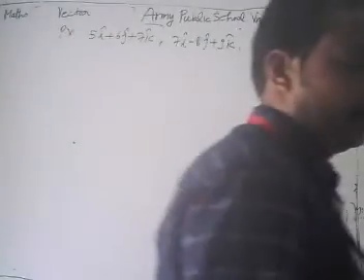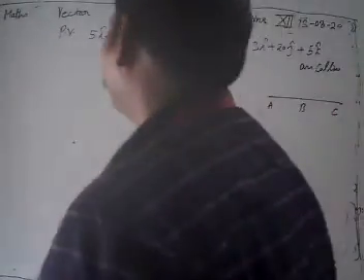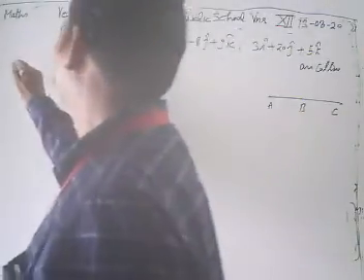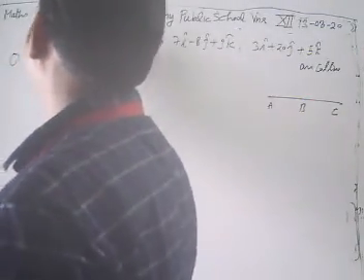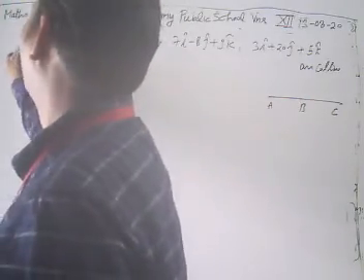Now we want to show this with the vector cross product. First of all, we have three points and their position vectors. Let's suppose O is the origin. How can we write vector OA?